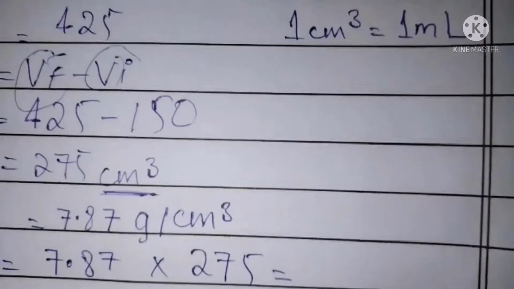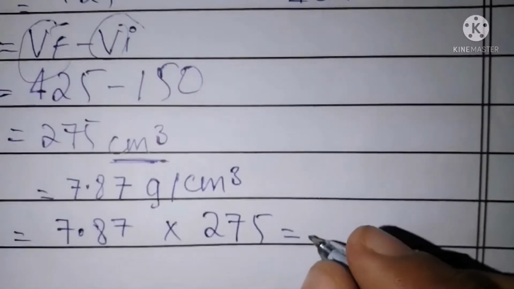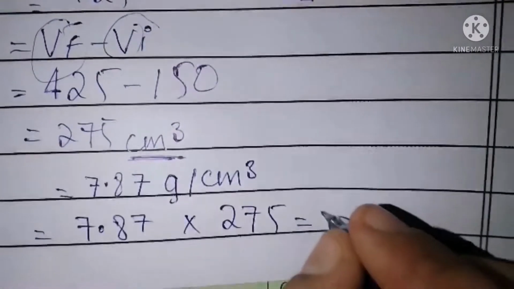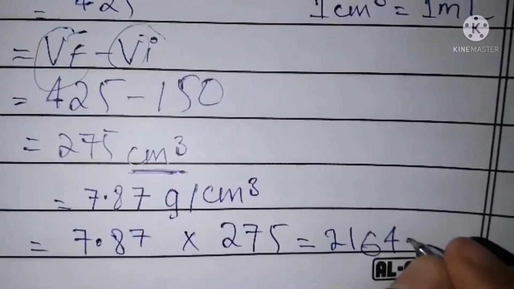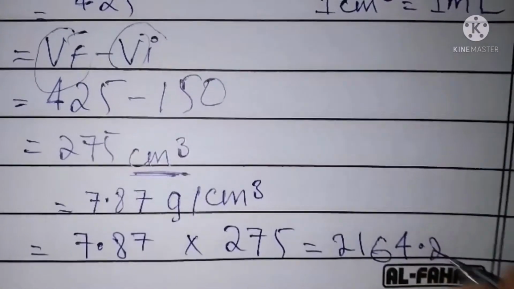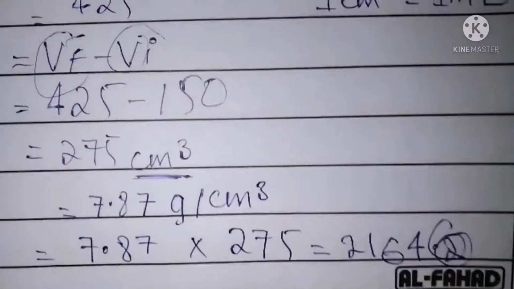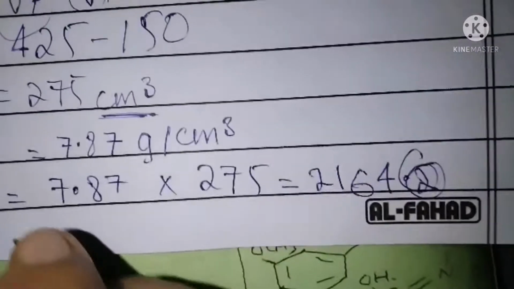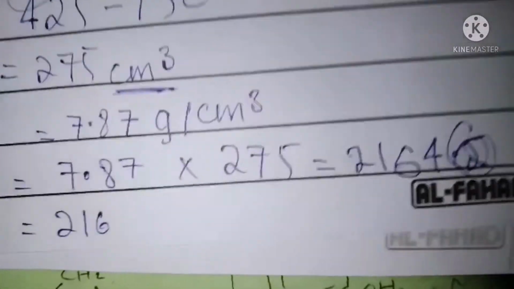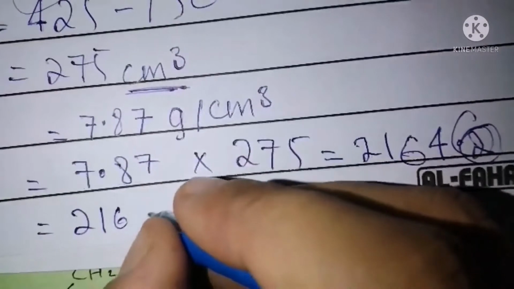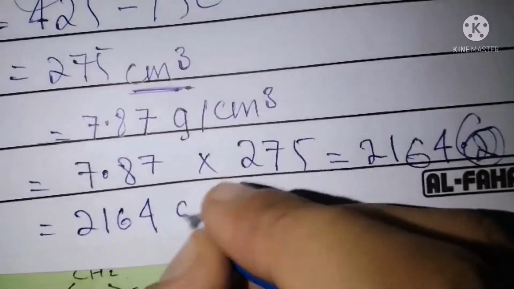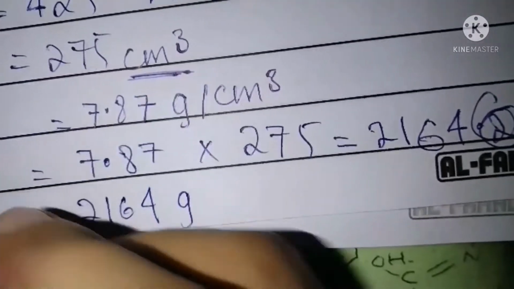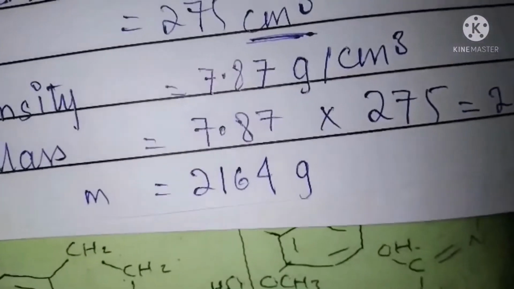We'll just multiply this, and the answer will be 2164.2, and we'll just round this off to 2164 as our mass in grams. So that's our answer.